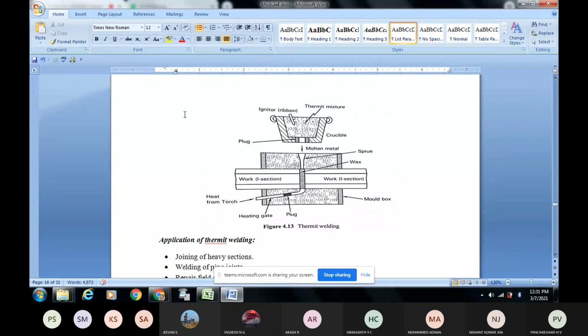Assume it takes place at some remote place, forest area, hilly area, where there is no electric power supply to weld with arc welding or some other welding process, for which we need electric energy. Then how to perform welding operation in such areas? For that purpose, there is a special type of welding which is called thermit welding.